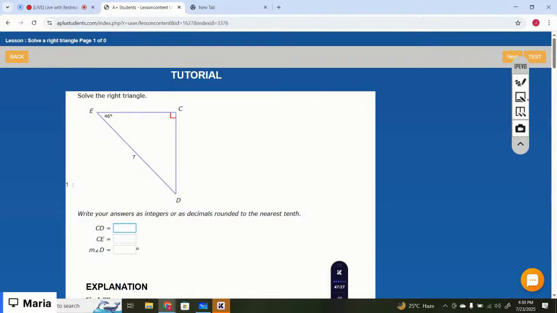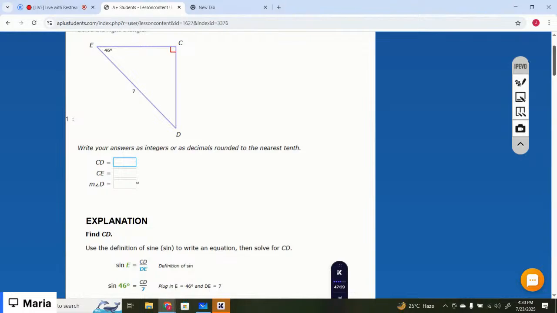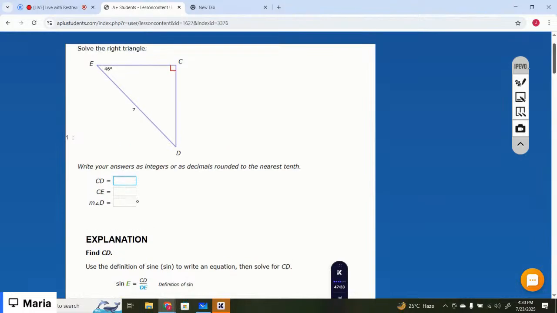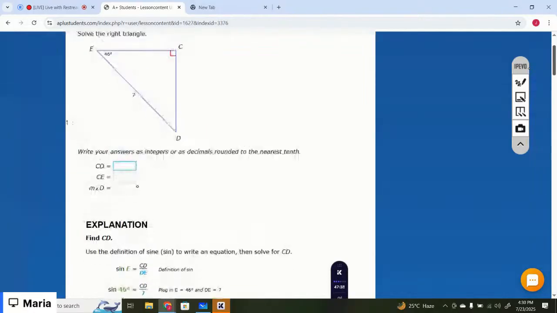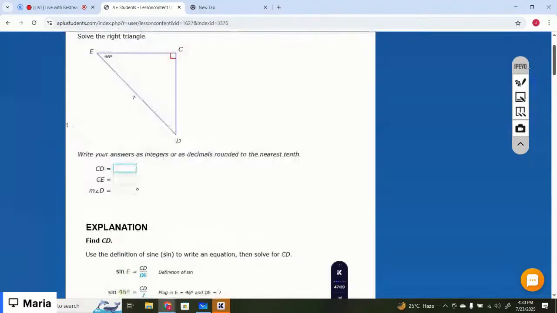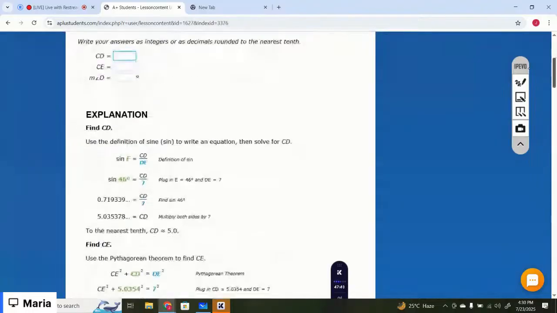Solve the right triangle. We need to find the missing sides and angles, right? So first thing is we're going to start with sine E equals CD divided by DE. CD we need to find and DE is given 7.